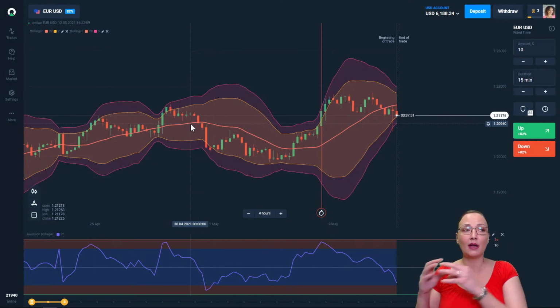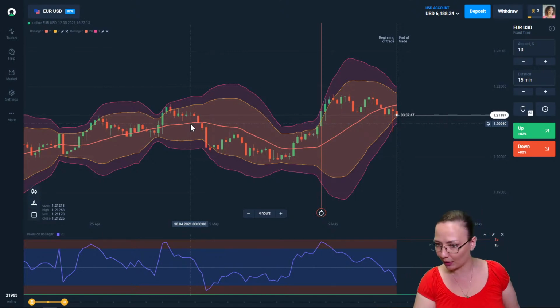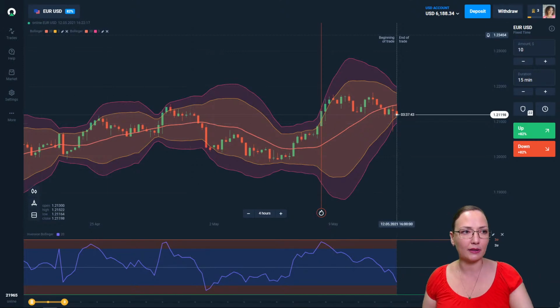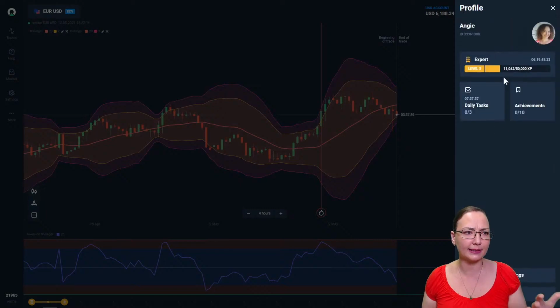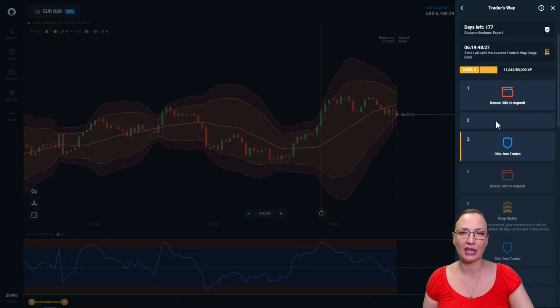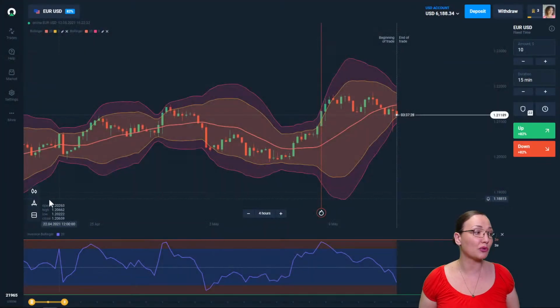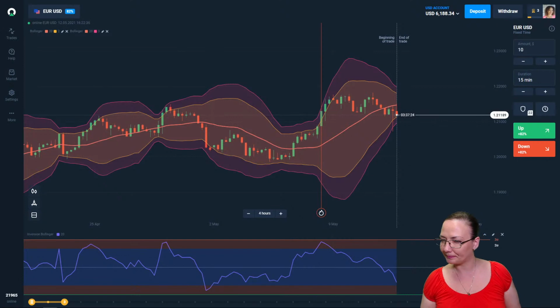So yes, whenever you have the expert status, you do have all the previous privileges as well. Like these tasks and steps that you have to complete once you get to the expert status to get these bonuses. But there are a few other bonuses on the other statuses, like different strategies and additional indicators that you will have access to.